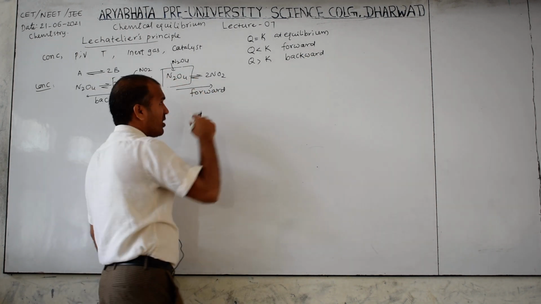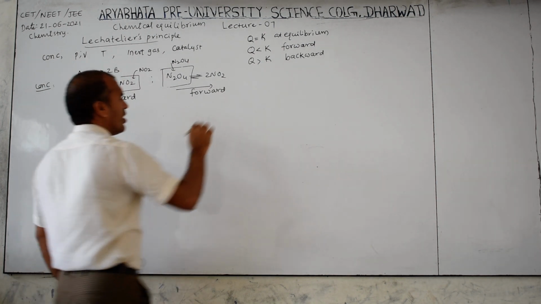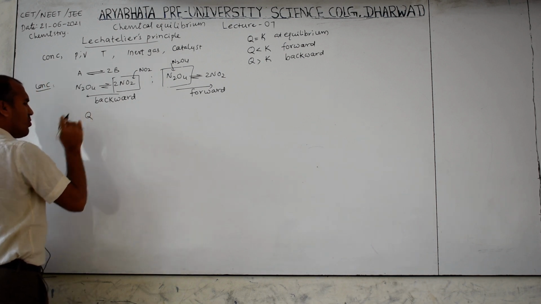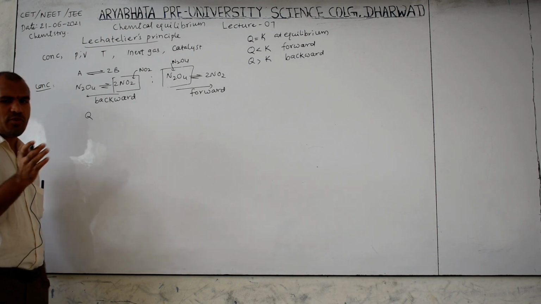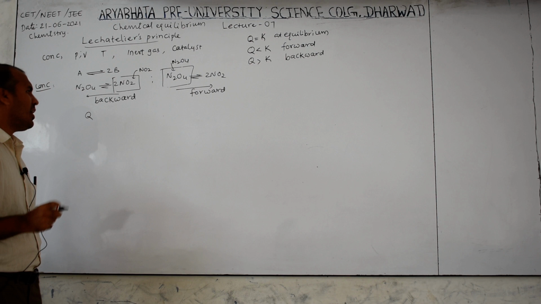Consider some K value is given. For this reaction you can find Q at any time: at equilibrium, before equilibrium, after equilibrium. But K is only at equilibrium.